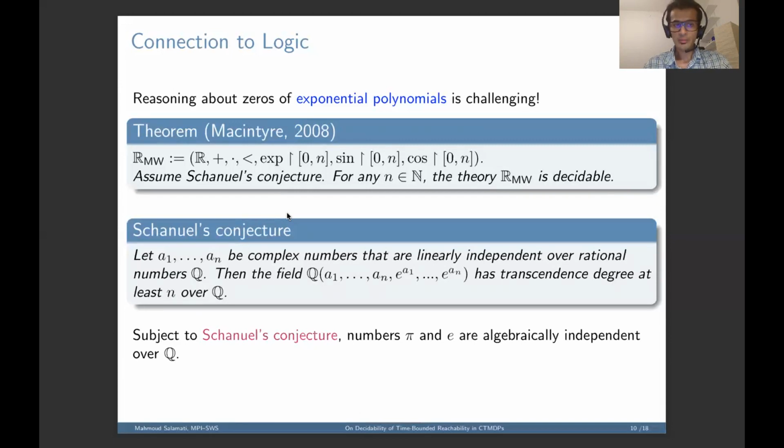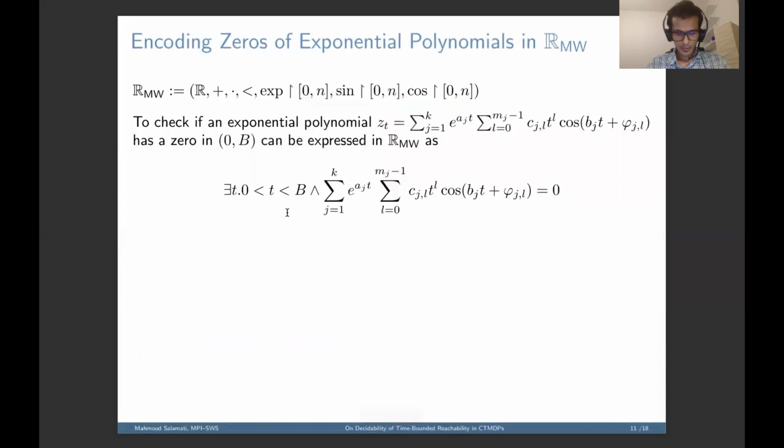One very simple result of Schanuel's conjecture is that, if it holds, the numbers pi and e, the Euler number, become algebraically independent over the rationals. Now, considering the results of this theorem, we are interested in checking whether a given exponential polynomial has a zero within a certain time interval or not.